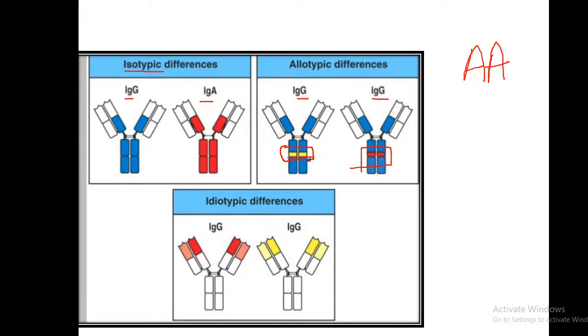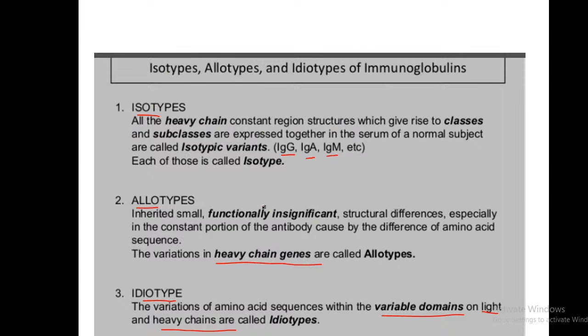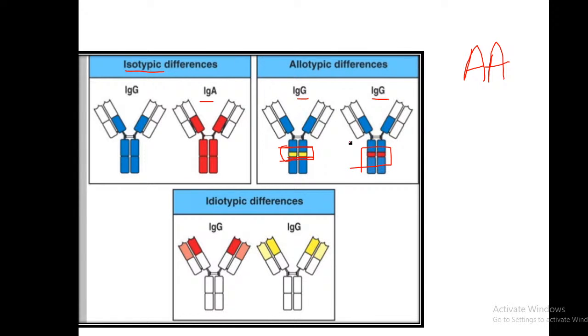IgG is shown here, and it has some difference in amino acid sequence. Both are IgGs. Allotypes means same antibodies. They are inherited, they are functionally insignificant, and they are a change in the constant portion of the antibody, in the heavy chain. That is what is called allotype.